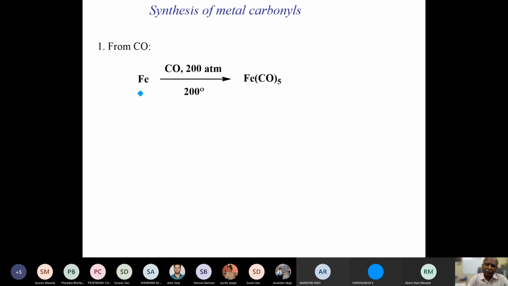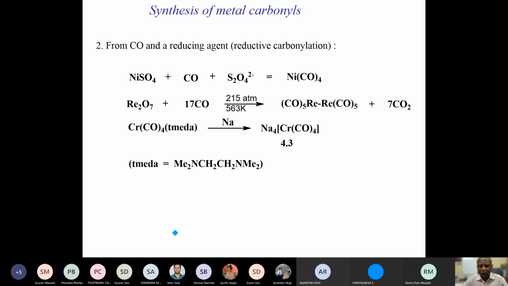If you have iron metal as powder or even pieces, you could pressurize those at 200 atmospheres pressure of carbon monoxide and heat it also, and you can form a golden yellow compound, which is Fe(CO)5.